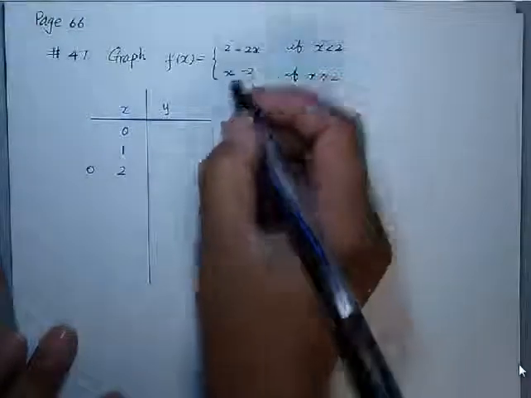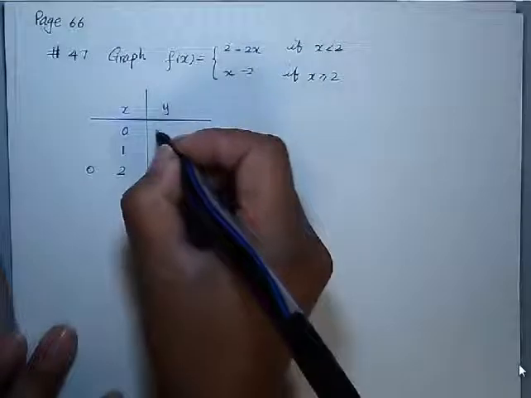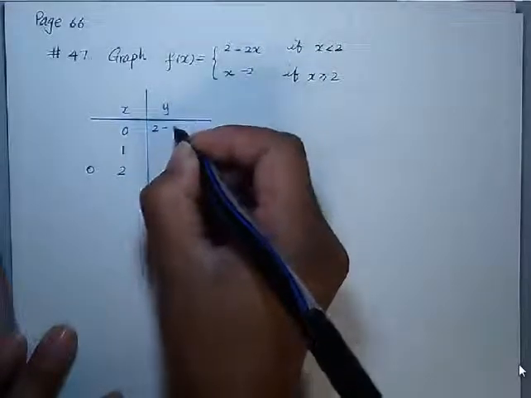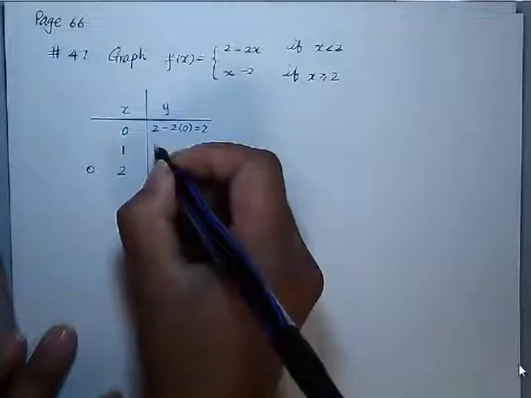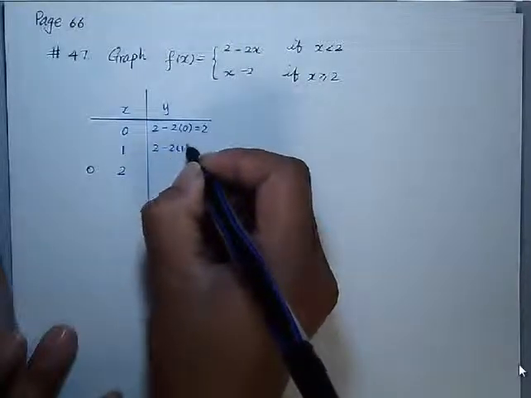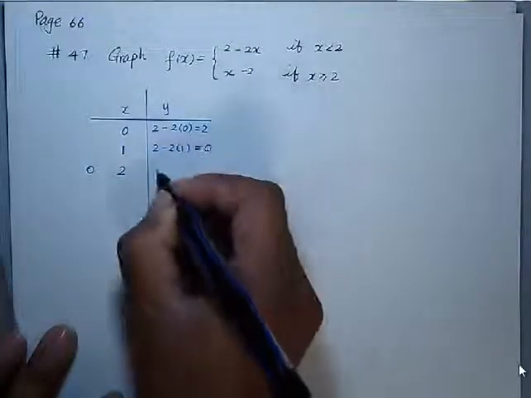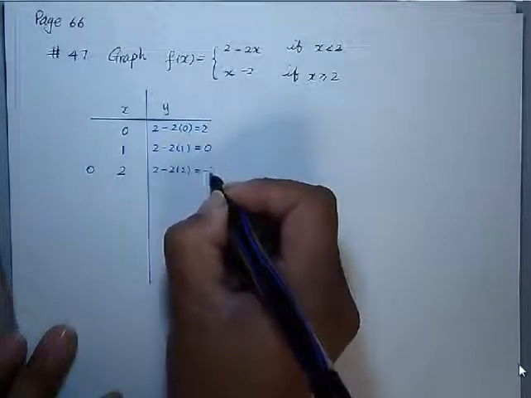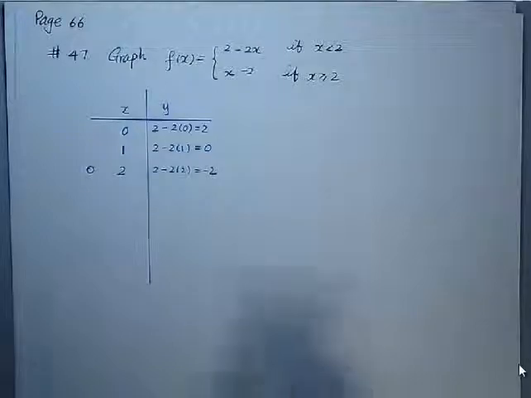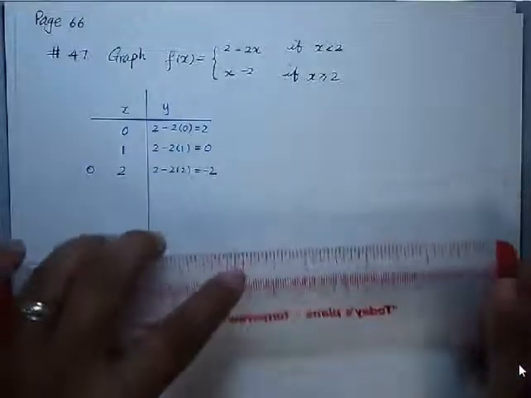If x equals 0, use the first piece to evaluate: 2 minus 2 times 0, that will be 2. The second point is 2 minus 2 times 1, that's 0. And this is 2 minus 2 times 2, that will be negative 2. Alright, let's see what we can get from the graph.